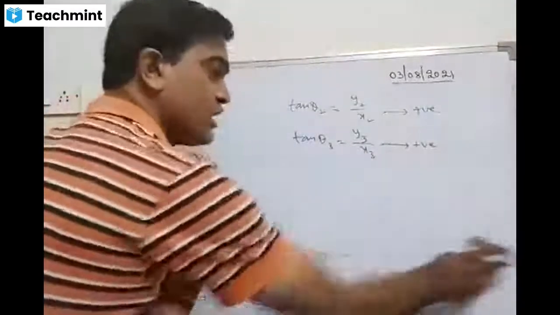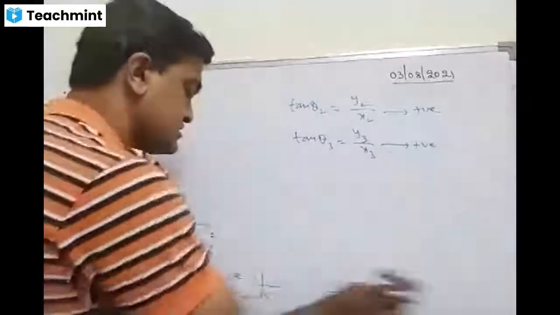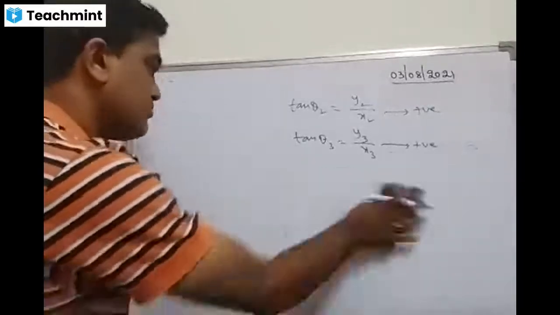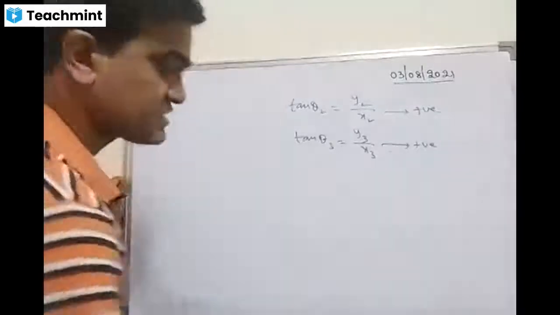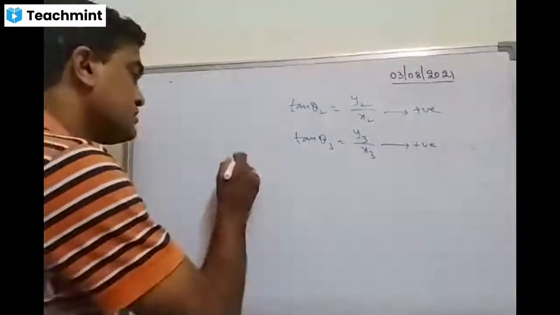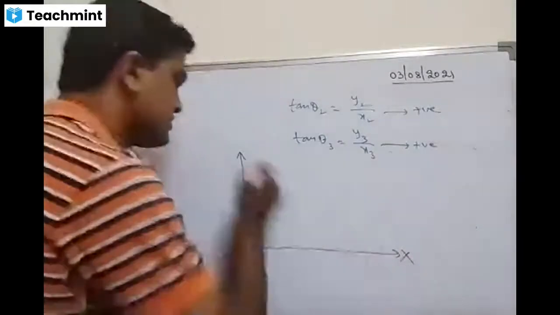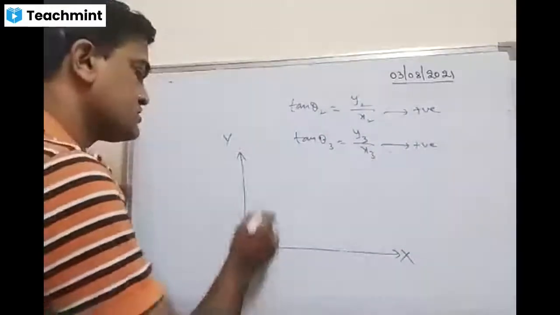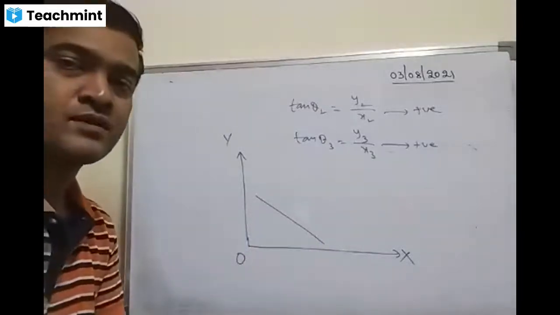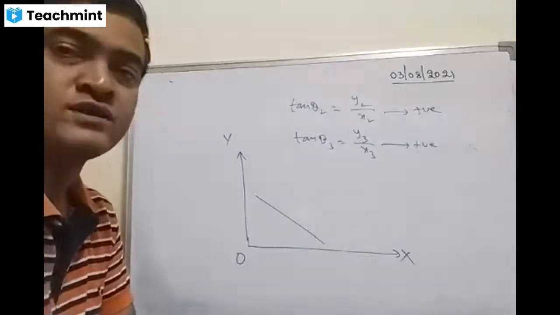Remember, what I said is you have to measure always with respect to the positive x-axis. For example, if I have a graph in this way, with x and y coordinates and the origin, how do we find the slope in this case?